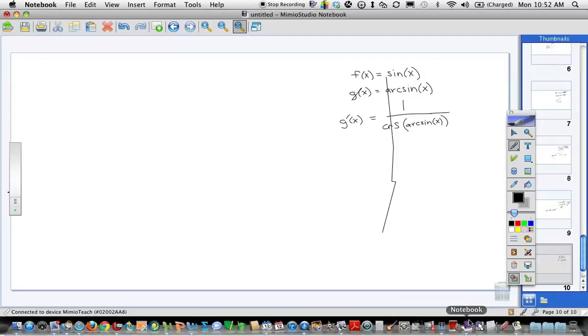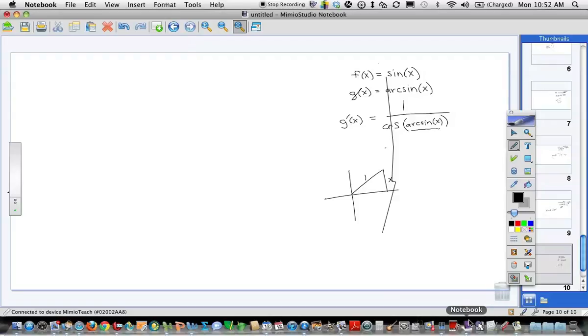Now you say, well, what is that? Well, let's take what we learned earlier. What's arc sine of x? Well, that's the angle whose sine is x. Wouldn't that angle right there be the angle whose sine would be x? Opposite over hypotenuse, right? And we want the cosine of that angle.